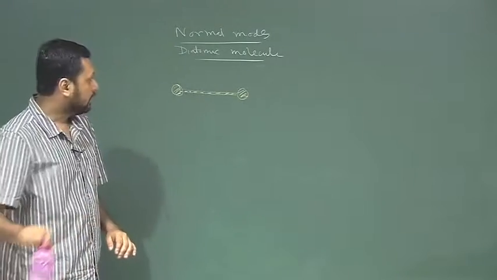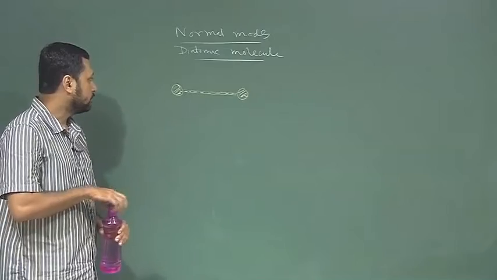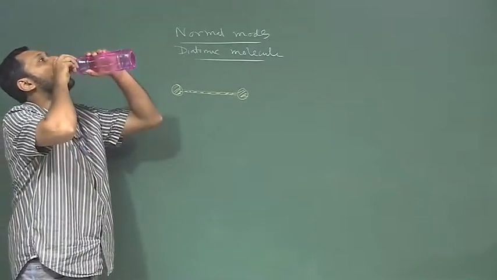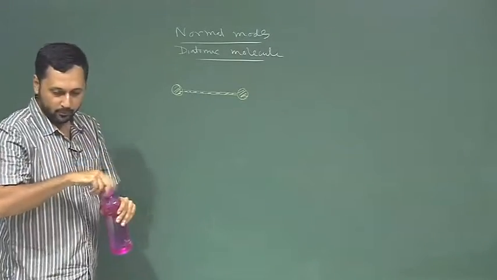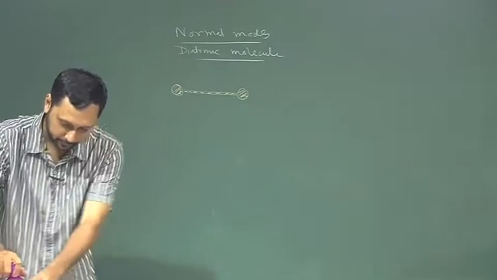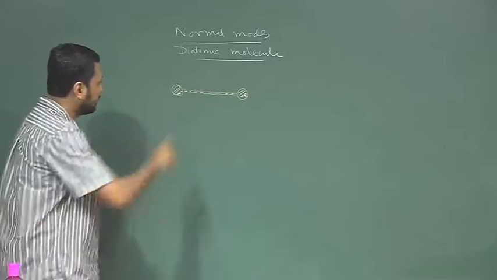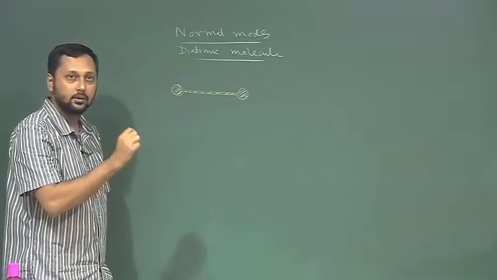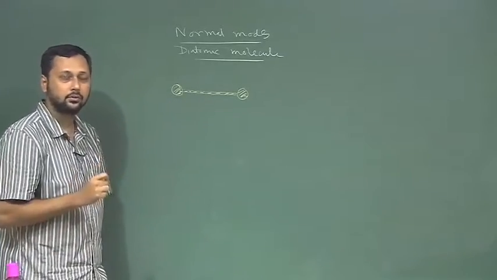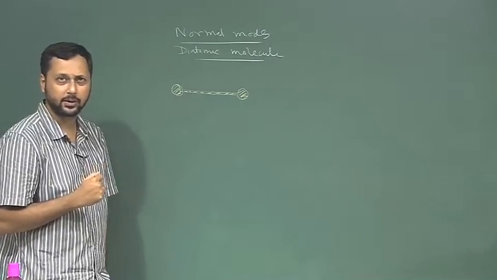Now, in a system where we have two masses and one, let us say, massless rod attaching these two, how many degrees of freedom do we expect?